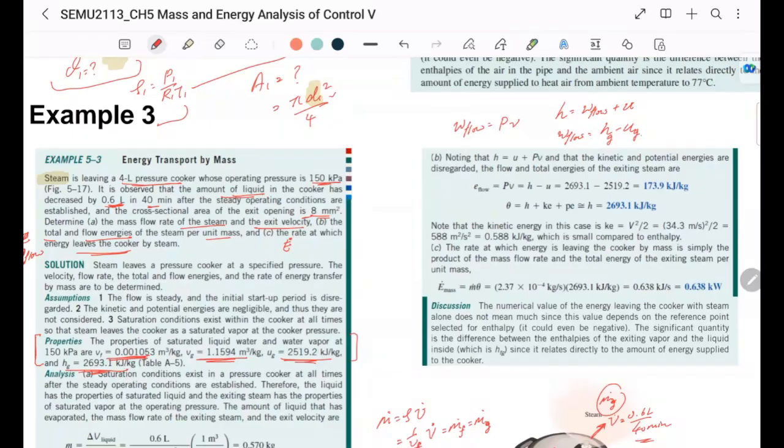If we look at the thermodynamic table, we have the Hg and Ug, the saturated vapor, basically. That will give us this.